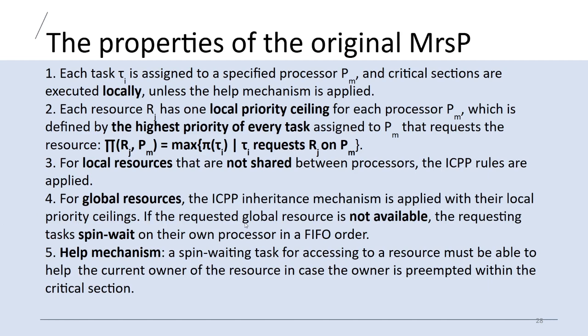If the requested global resource is not available, the requesting tasks spin wait on their own processor in FIFO order. Help mechanism: a spin waiting task accessing a resource must be able to help the current owner of the resource in case the owner is preempted within the critical section.